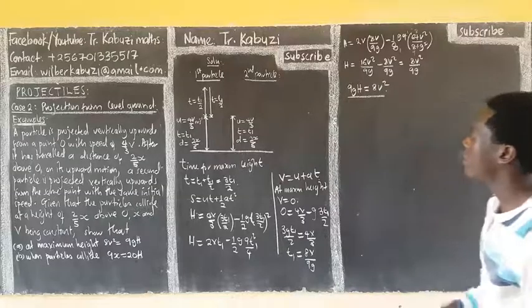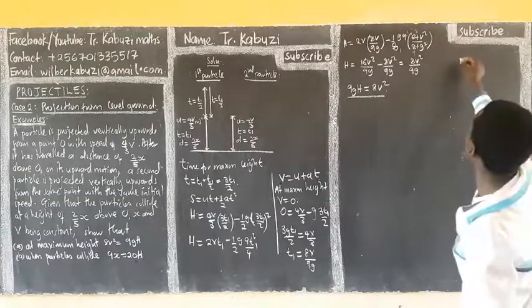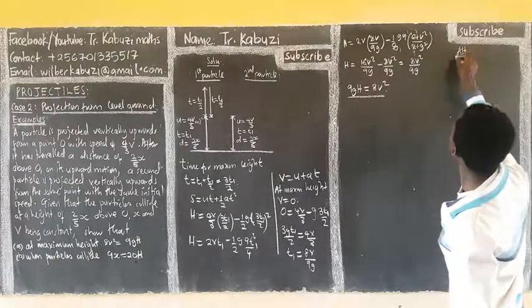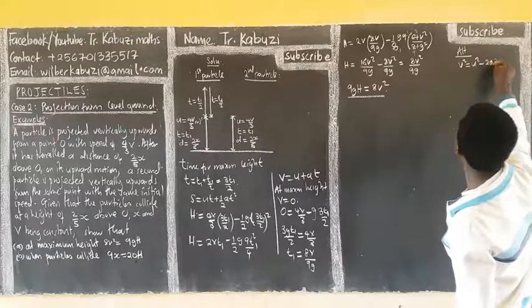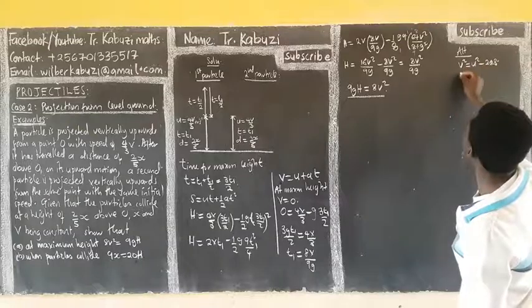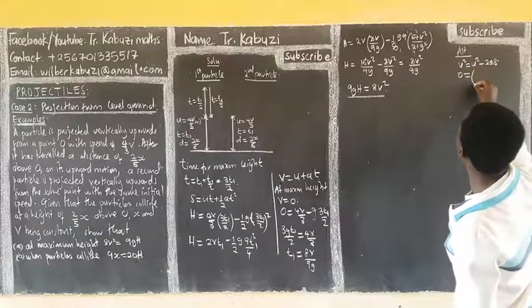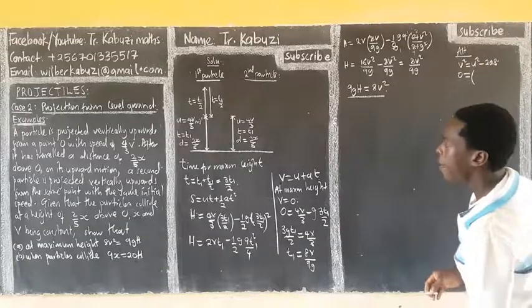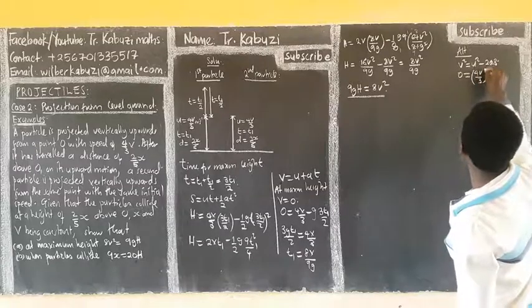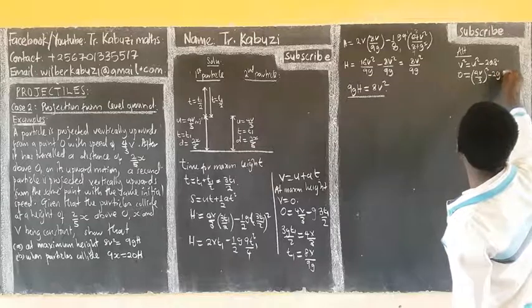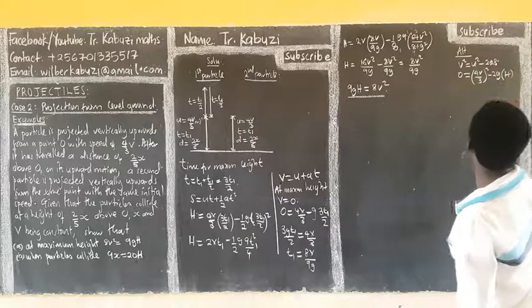Now, the easiest approach to getting this, alternatively, is to use v squared equaling u squared minus 2as. Our v at maximum height is 0, equaling our 4v over 3 squared, then minus 2 into g, then our s is going to be the height.